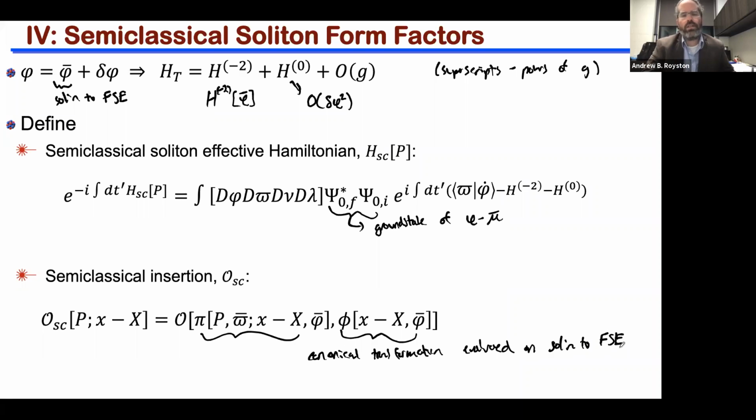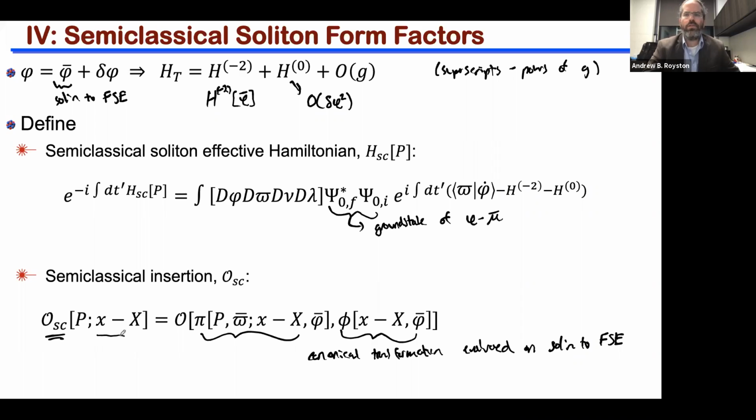One interesting thing to note here is that because of the translation invariance, this semiclassical insertion, which is now just a function of the collective coordinate and its momentum, only depends on the collective coordinate through the difference of the spatial x minus the collective coordinate position. That's going to be useful.